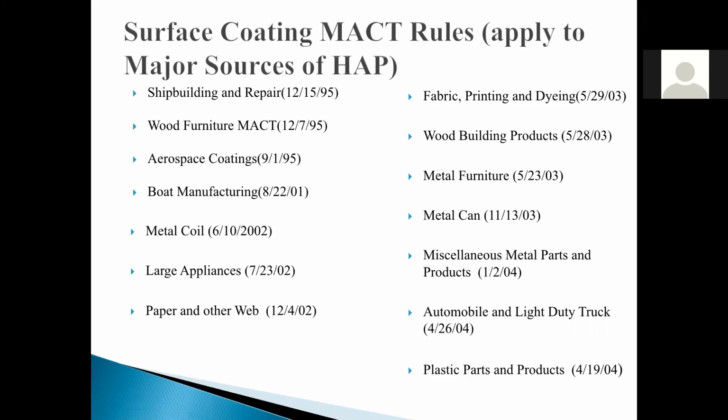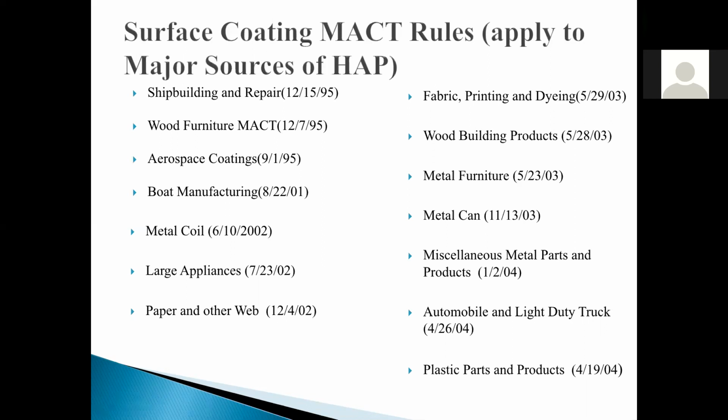These rules apply to very large sources or application facilities. Just throw a couple of names out there like General Motors or Ford or John Deere. I mean, these very, very large facilities that use a lot of coatings.